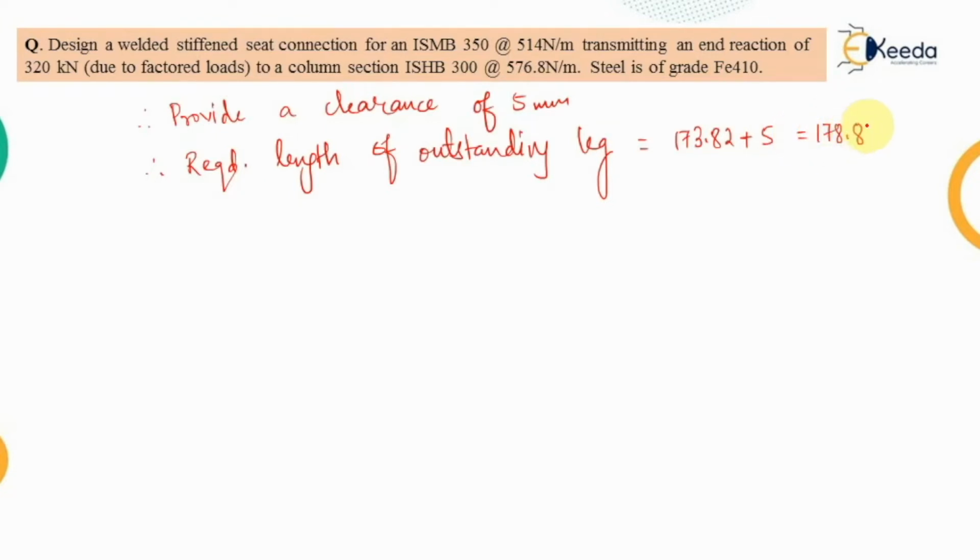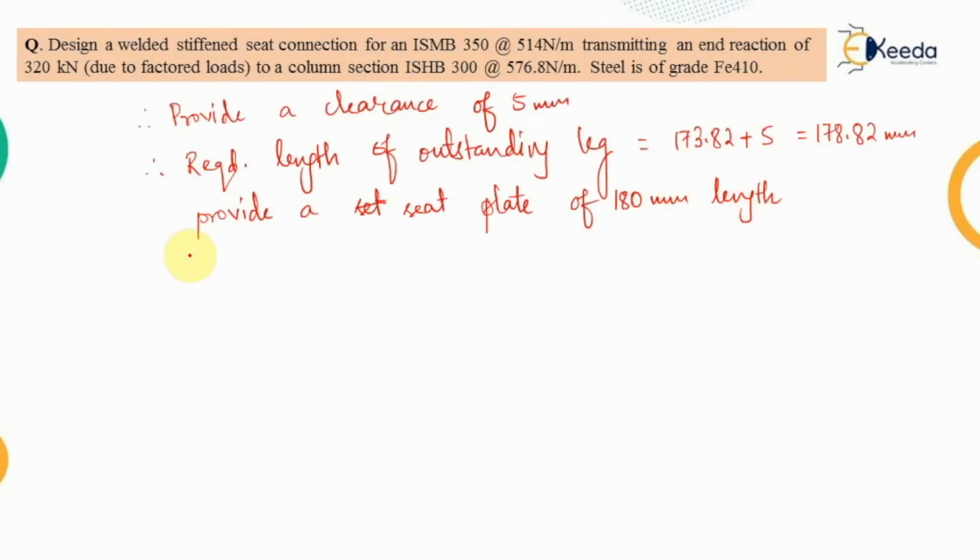That means this is the minimum length which has to be provided for the seating angle. Based upon this, we will choose a suitable section. So let's say, because this is the required length, we are providing a seat plate of 180 millimeter length.